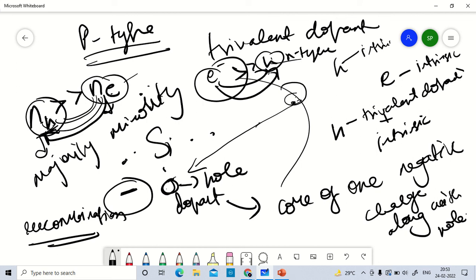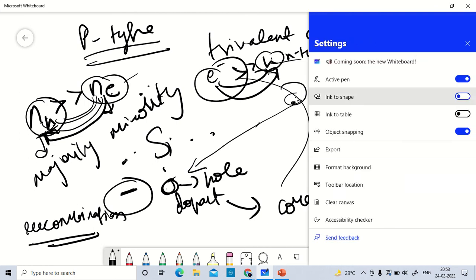So over here in the diagram, for n-type semiconductor we have the donor impurity level ED, and for p-type semiconductor we have the acceptor impurity energy level EA. These both are created. So I'll tell you what they are exactly trying to say over here.